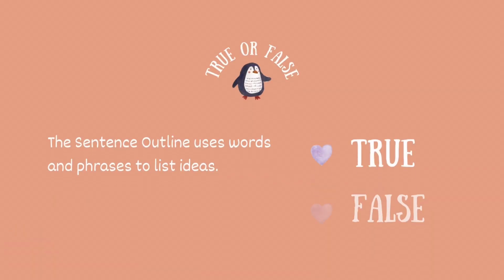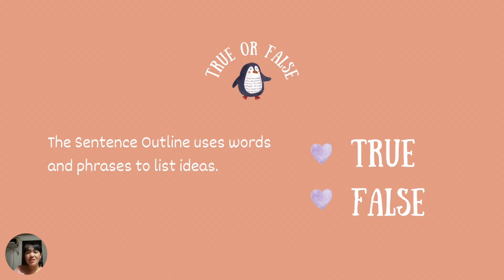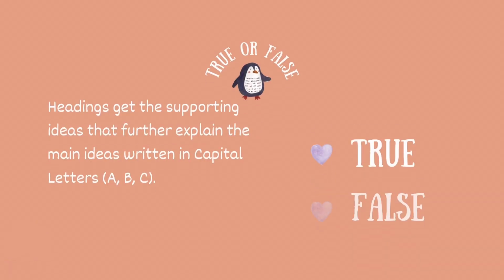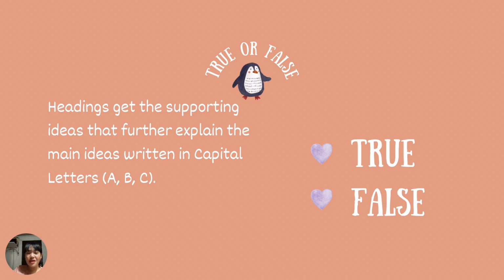Second, the sentence outline uses words and phrases to list ideas. Of course, false because the sentence outline uses sentences. Third, headings get the supporting ideas that further explain the main ideas.